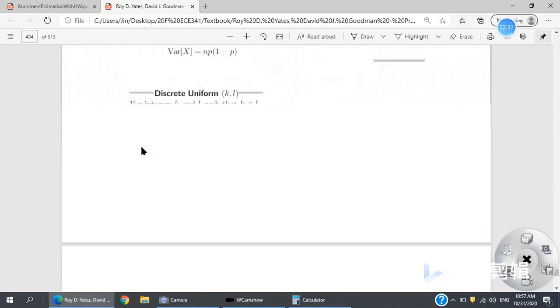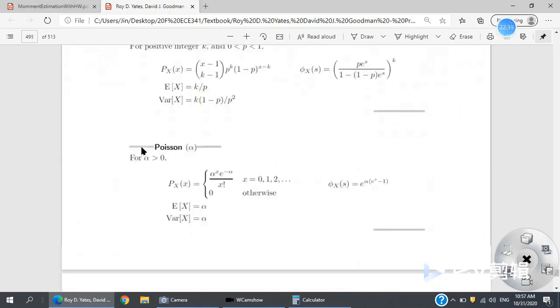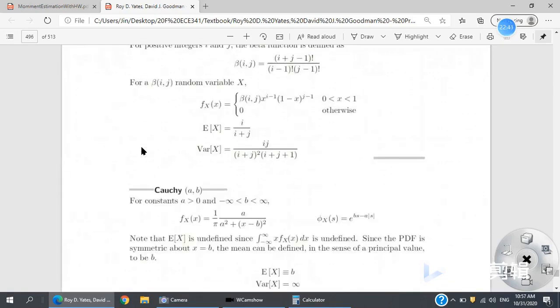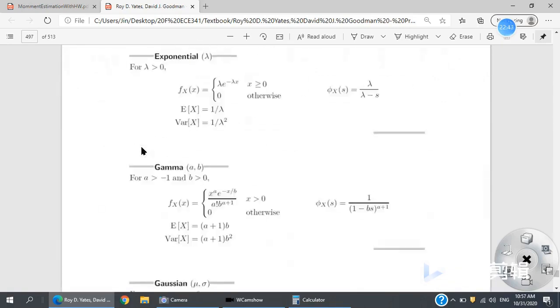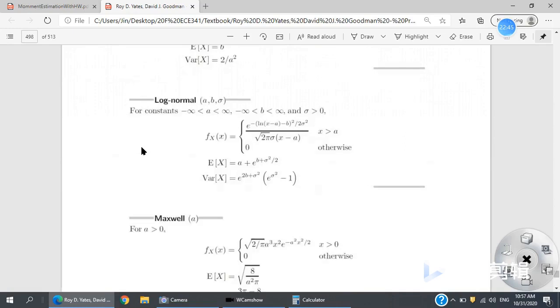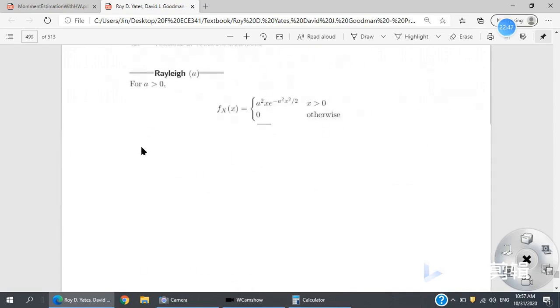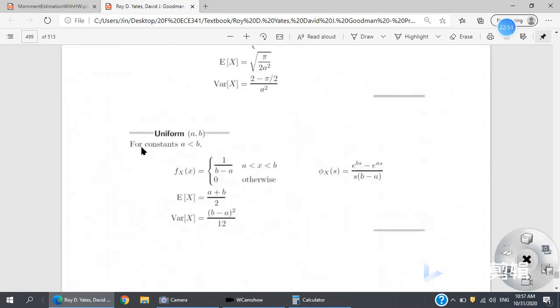Uniform will be continuous type. You see here, uniform distribution over the interval A to B. Then the mean is A plus B over 2, and the variance is B minus A squared over 12.